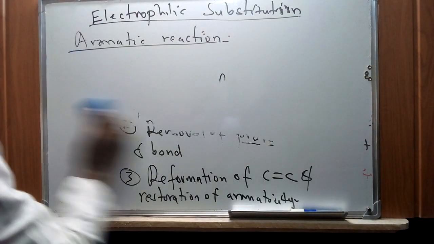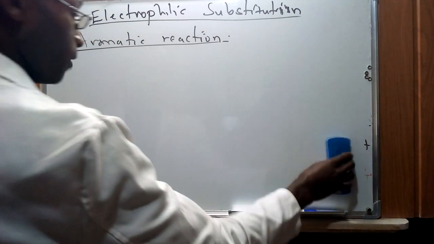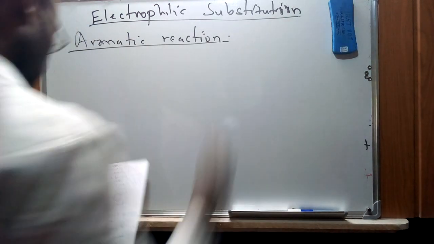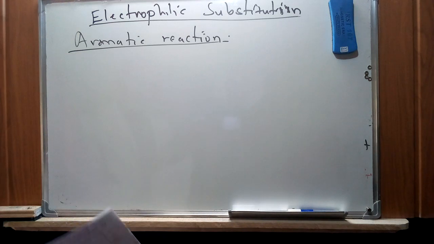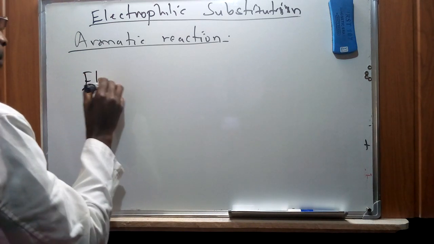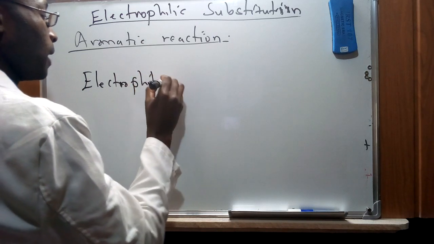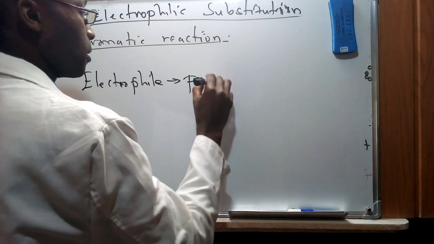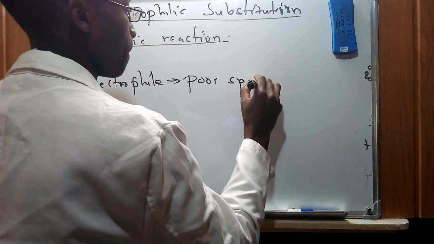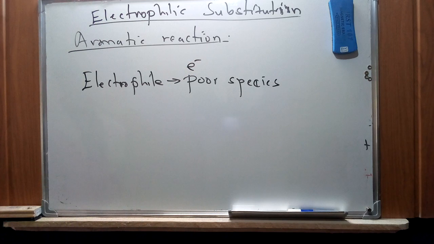So for electrophilic substitution reactions, the concept of an electrophile that we have talked about in one of our videos, we said that an electrophile is an electron poor species, which means that it has a tendency to attract electrons.